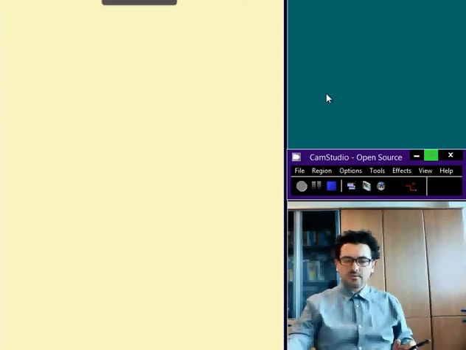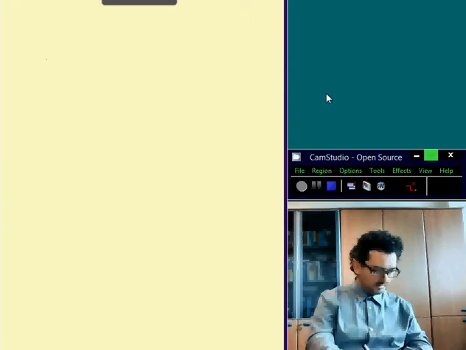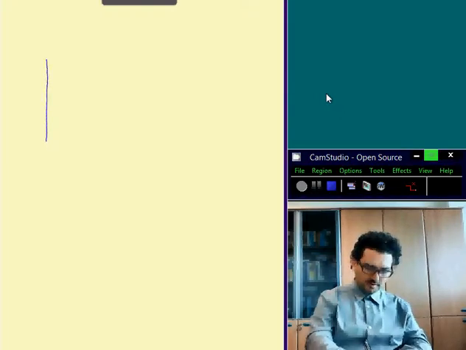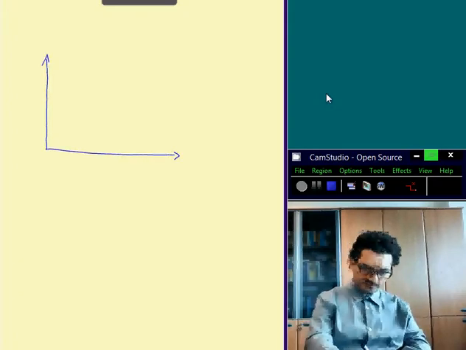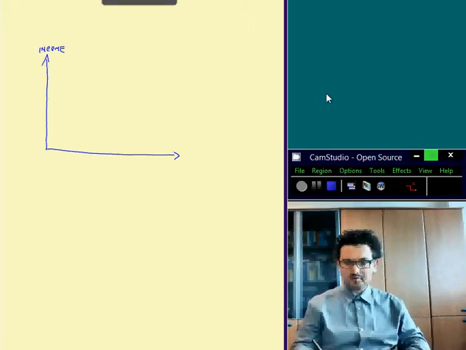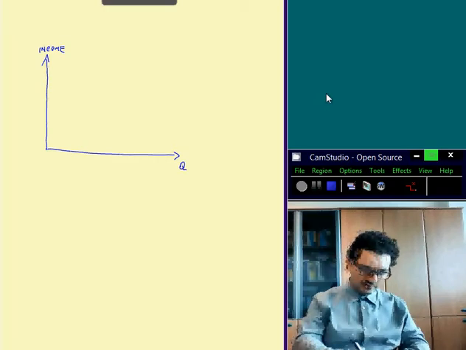What normally applies is that the Engel curve can be drawn in this way. Here is income, so the average level of income for a consumer, and the demanded quantity. The Engel curve will be a picture like this.